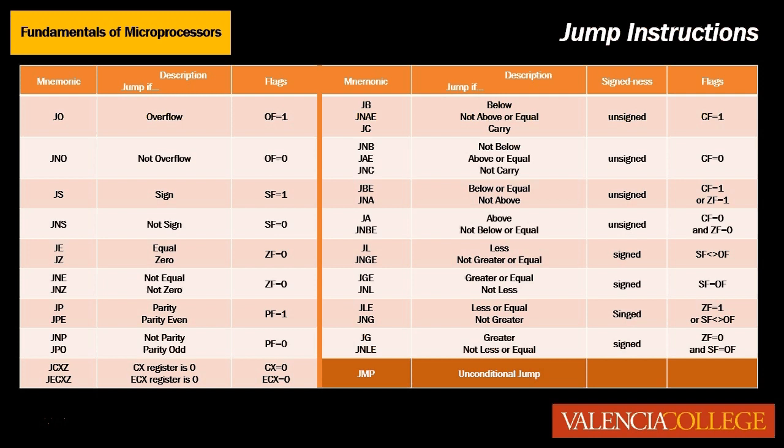It can also be seen that many of the jump instructions are synonymous, leaving only 17 unique jump instructions. Now we can take advantage of these jump instructions to modify the flow of our programs.